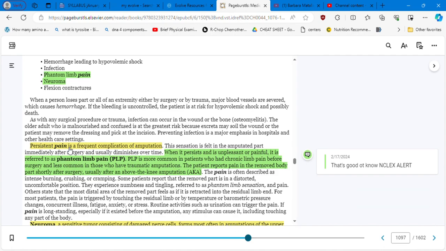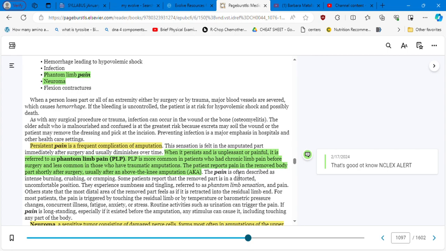Persistent pain is a frequent complication of amputation. When it persists and is unpleasant or painful, it is referred to as phantom limb pain. Phantom limb pain, which I'm going to refer to as PLP, is more common in patients who had chronic limb pain before the surgery and less common in those who have traumatic amputation.